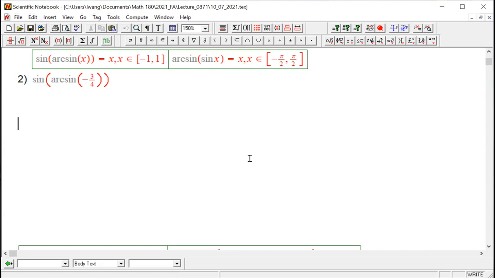Arccotangent, I may not spend as much time, but understanding these functions is very, very useful. Understand these rules. So I'm giving you number 2, number 5 and number 6. We get to apply our composition.